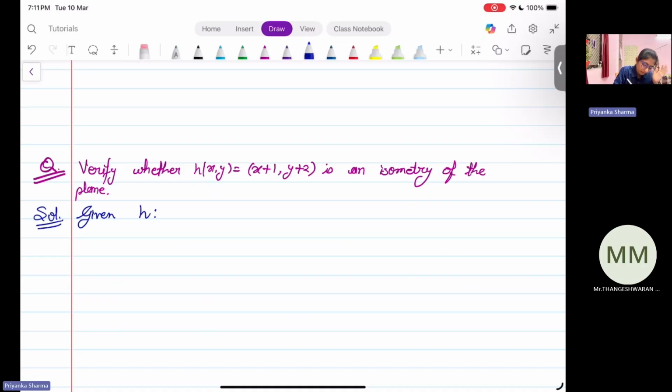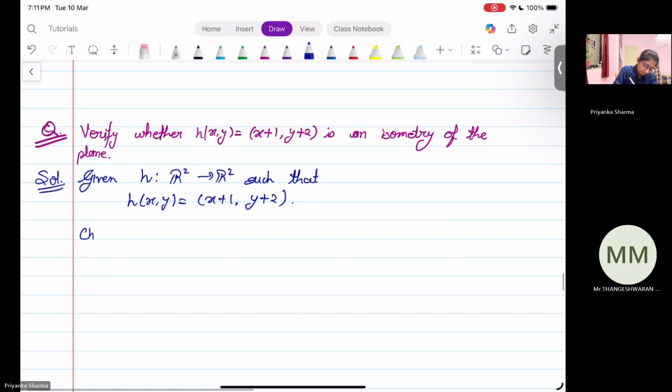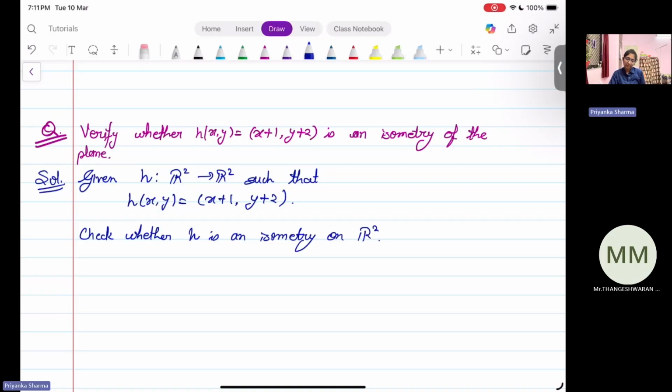Given H from R square to R square such that H of (x, y) is (x plus 1, y plus 2). Check whether H is an isometry on R square. So how to check it?